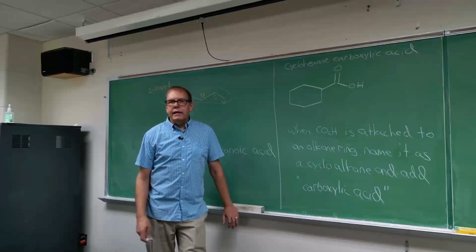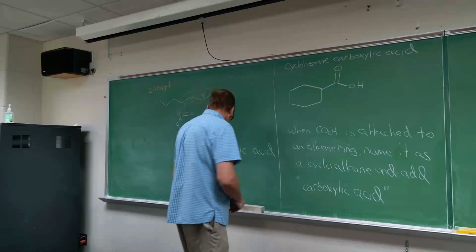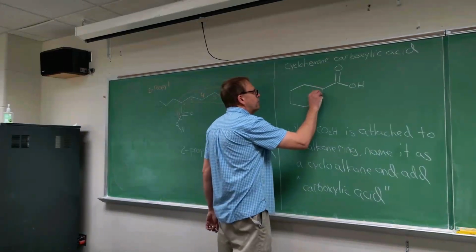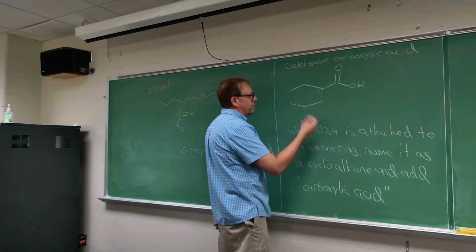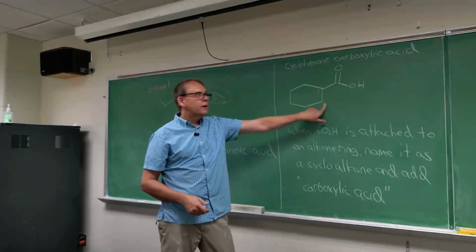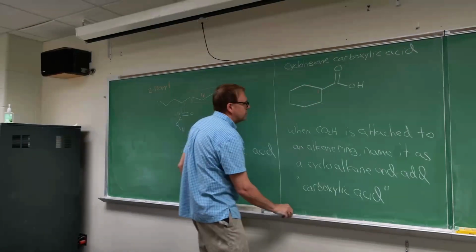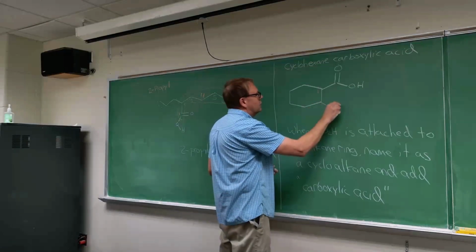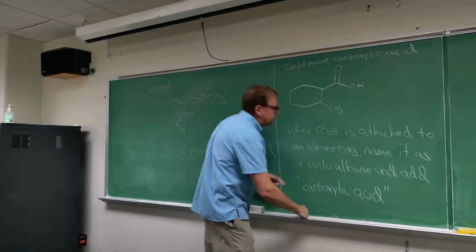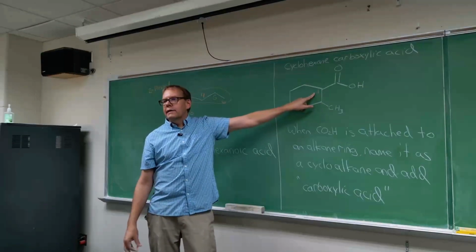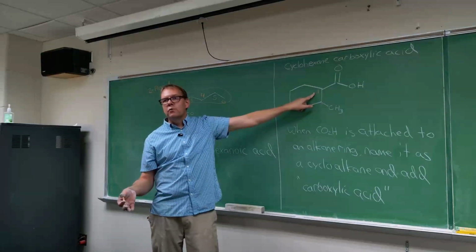And if you had any substituents on it, the carboxylic acid defines the number 1 position. So if there was say a methyl group here, let's just look at an example of this. You start at 1, and you don't have to specify the position of the carboxylic acid because, again, it's assumed it's assigned to the 1 position.